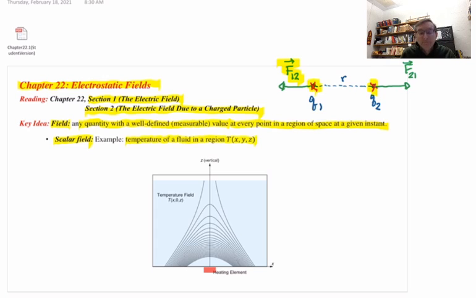Remember capital T? What I've drawn here is a schematic side view of a big pot of water, that's the blue, sitting on a heating element right down there at the bottom, heating the water. Because the heating element is somewhat small, though, the temperature is not the same at any given instant throughout the whole body of water.